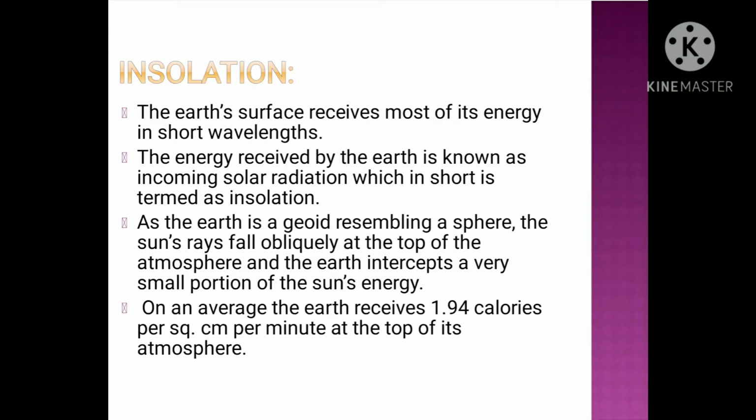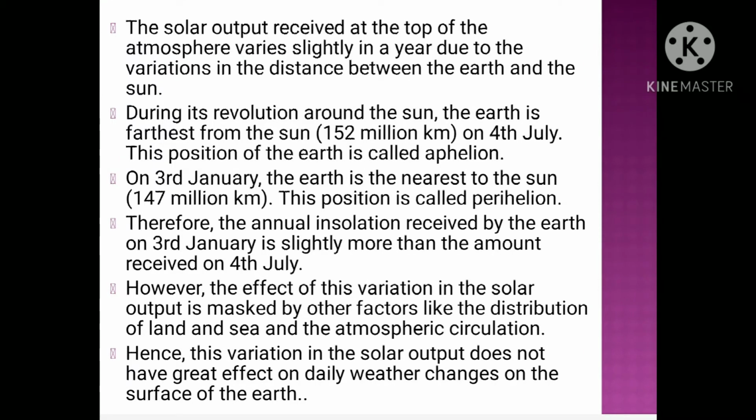It is the energy received by the earth, known as incoming solar radiation, which in short is termed as insolation. So basically, insolation is the energy received by the earth from the sun. The solar output received at the top of the atmosphere varies slightly in a year due to the variations in the distance between the earth and the sun.